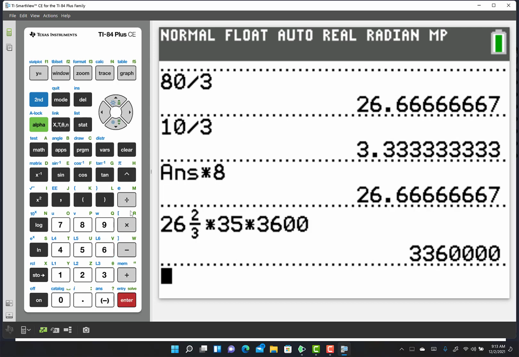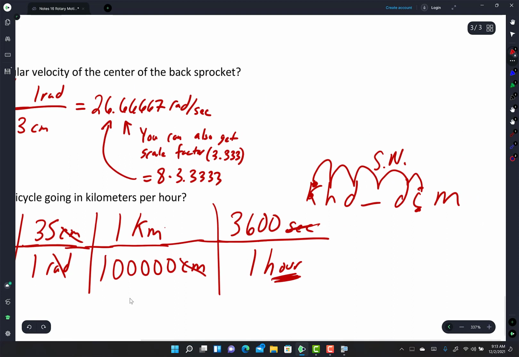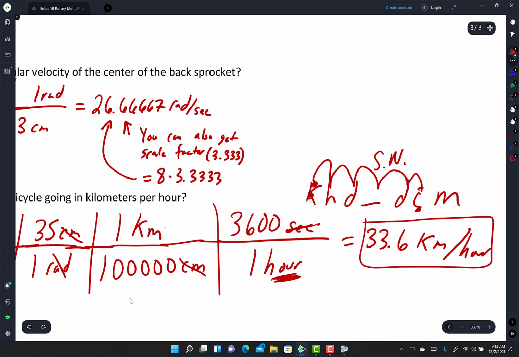And then I like to push enter and then divide by 100,000. 1, 2, 3, 4, 5. 33.6 kilometers per hour. Bro, this bike is going pretty slow. No, it's a pretty good speed. We looked it up yesterday. It's about 20 miles per hour.